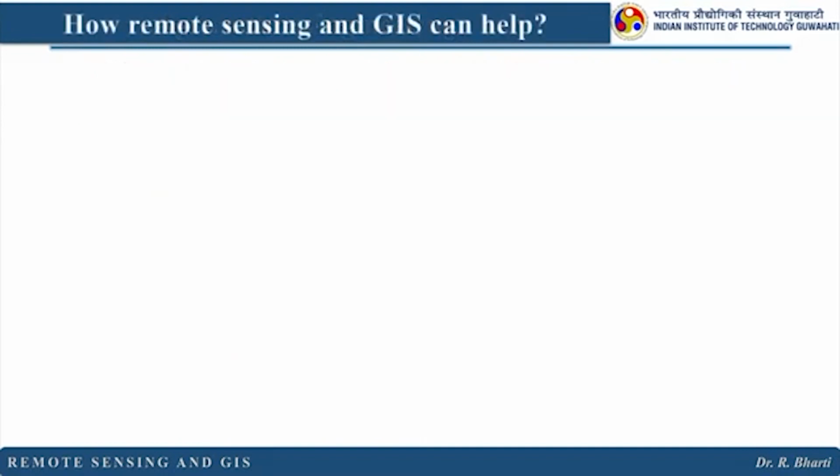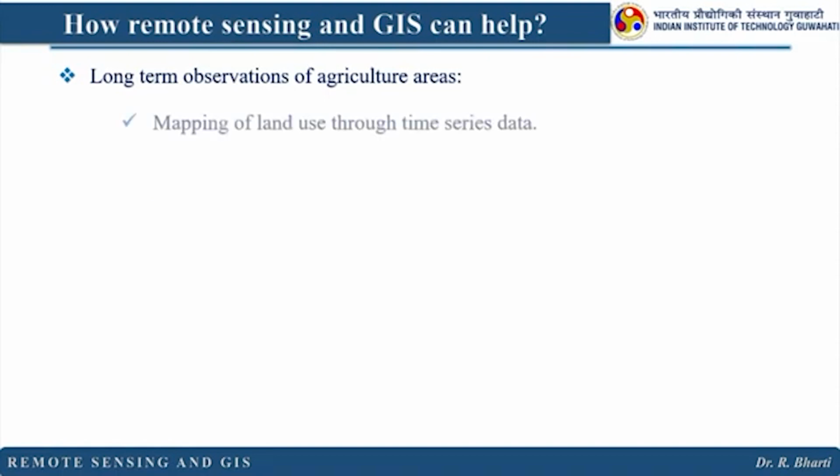Now let us see how remote sensing and GIS can help. For long term observation of agriculture areas, you can apply remote sensing and GIS. Mapping of land use through time series data, so you can exactly monitor whether this cropping area is reducing or increasing. We don't want to reduce our agriculture land, so we want to make sure that at least it provides sufficient food to the people.